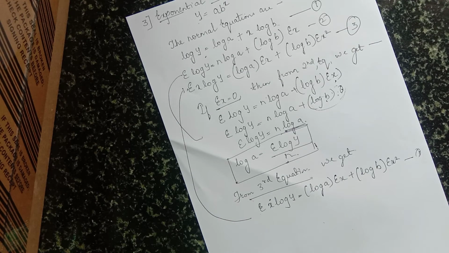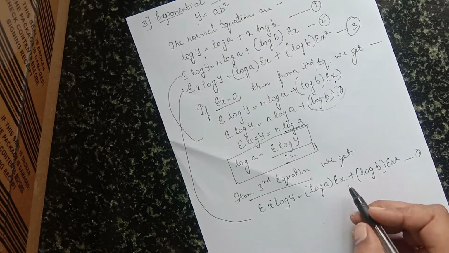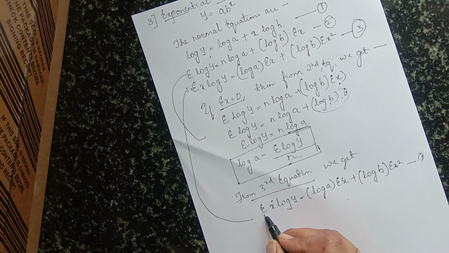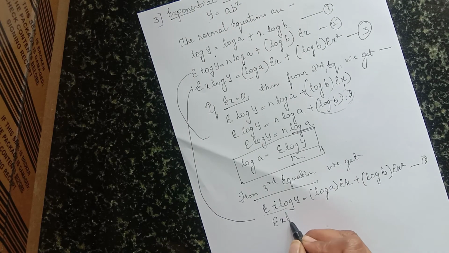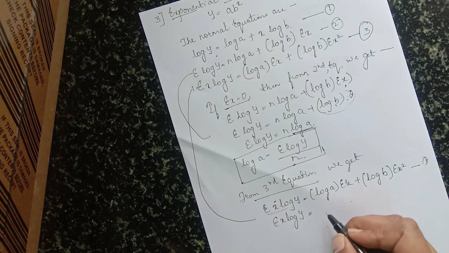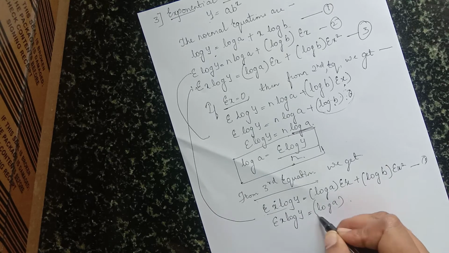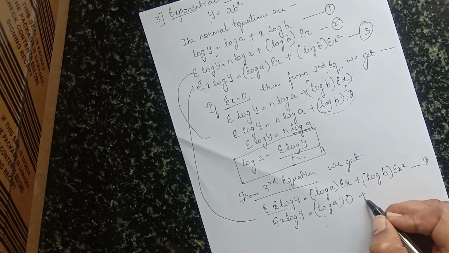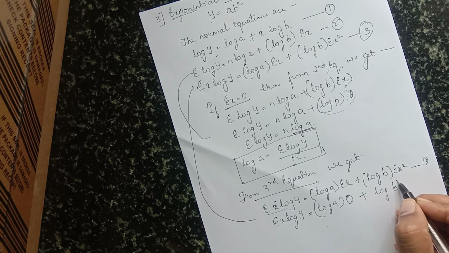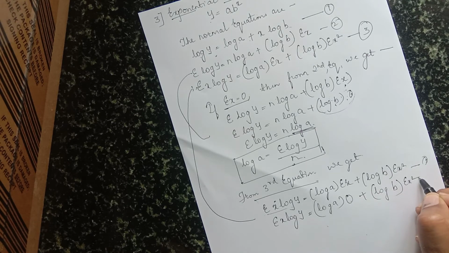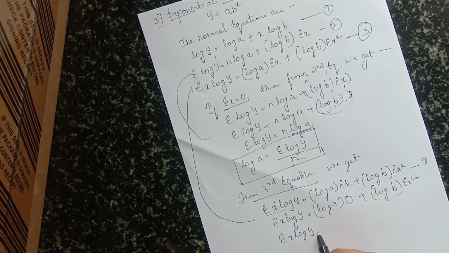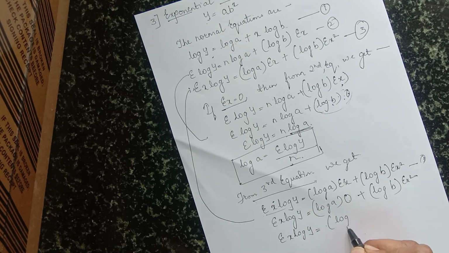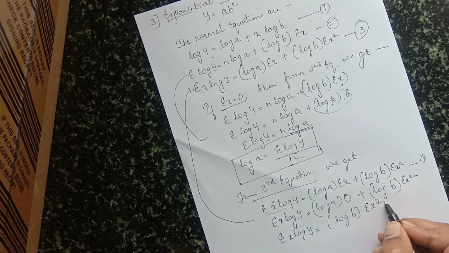Now as we know summation x is 0, put this summation x as 0. This is summation x log y. So take as it is, summation x log y is equal to log a summation x, which is 0, plus log b summation x square. Simplify. Summation x log y is equal to log b summation x square.